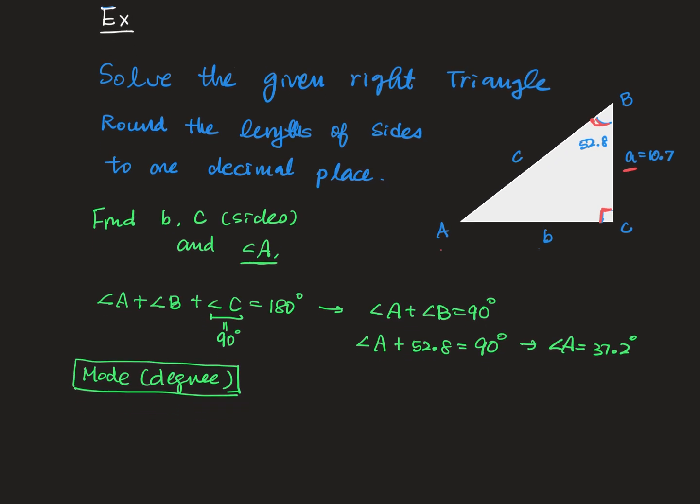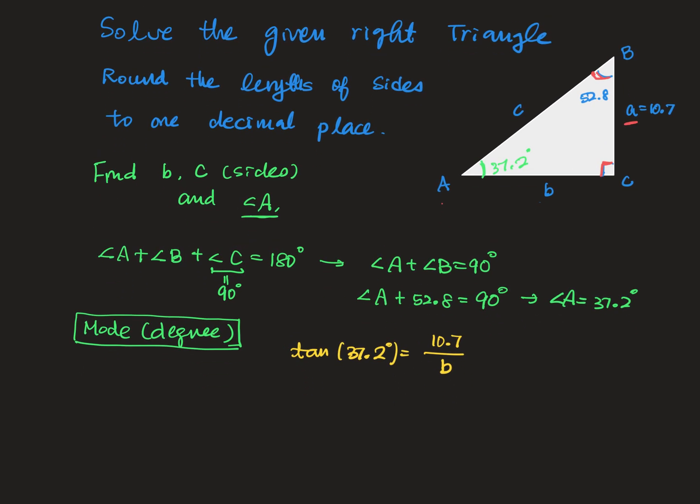So you want to find b, you know angle A, which is 37.2. I want to use tangent because it's opposite over adjacent. So tangent of 37.2 equals opposite 10.7 over adjacent b. So how are we gonna solve it?